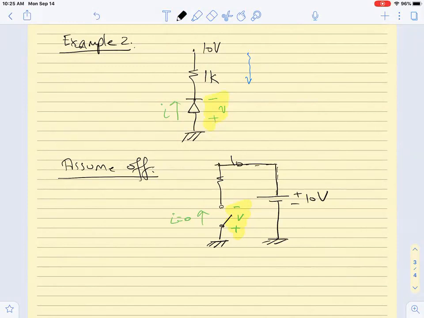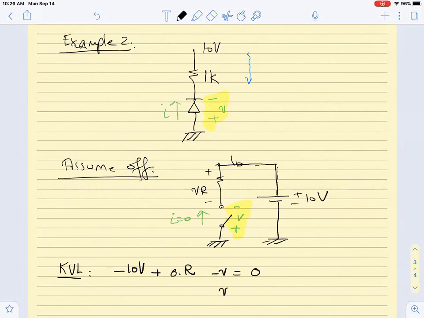So according to KVL, that is why it is important to solve it with KVL: minus 10 volts plus 0 times R, because the current is zero, if we consider this VR, right? minus V is equal to what? 0. Is this clear? Okay.